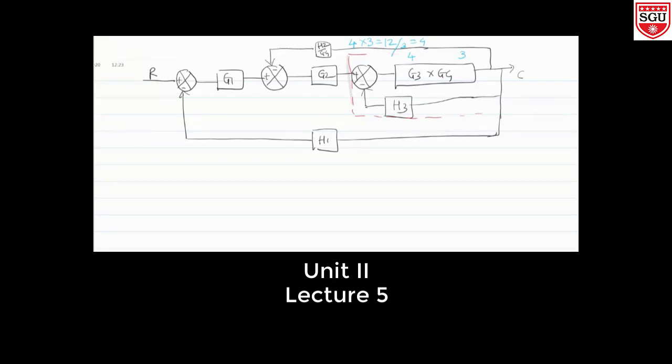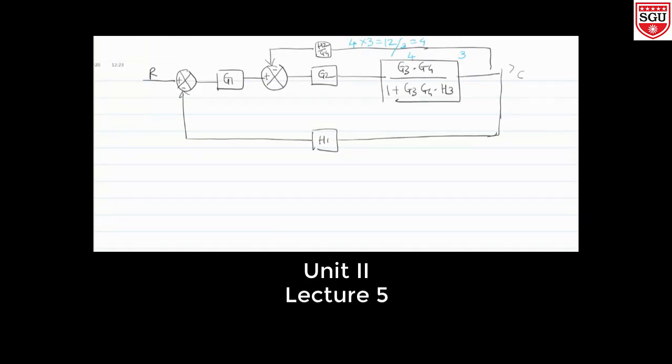So what will you get as the answer? All this will go. And what will be remaining there? G2, then G3 G4 divided by 1 plus G3 G4, and that H3 over there will be remaining.